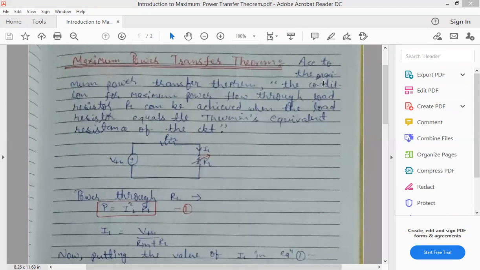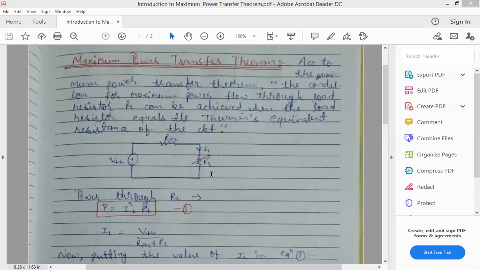According to the maximum power transfer theorem, the condition for the maximum power flow through load resistor RL can be achieved when the load resistor equals the Thevenin equivalent resistance of the circuit.